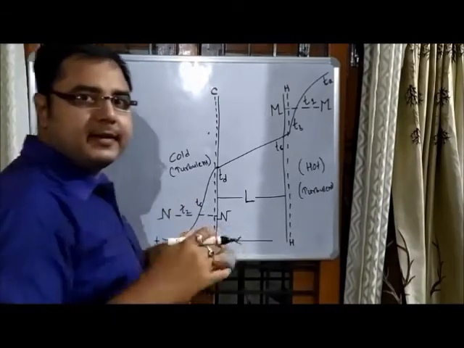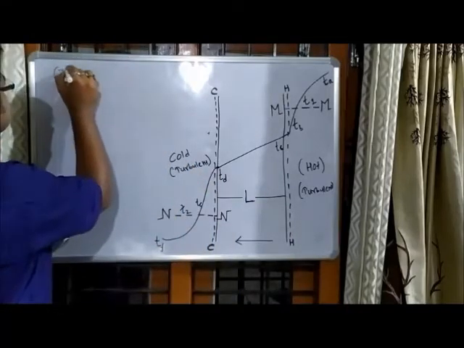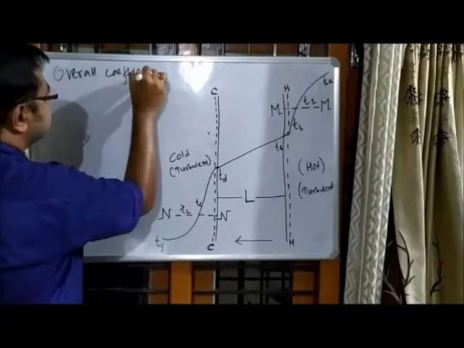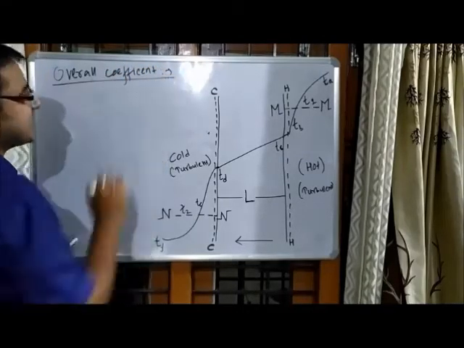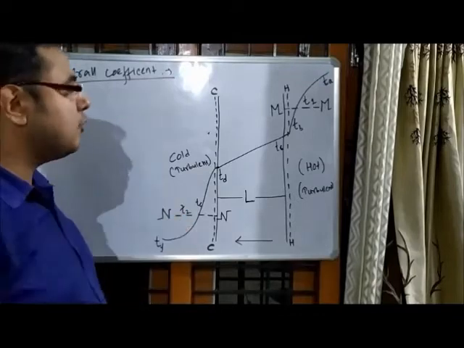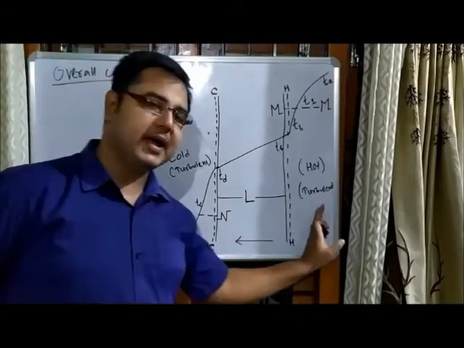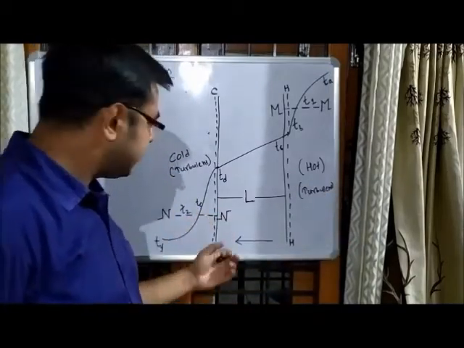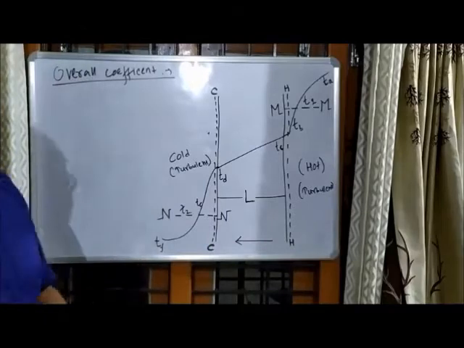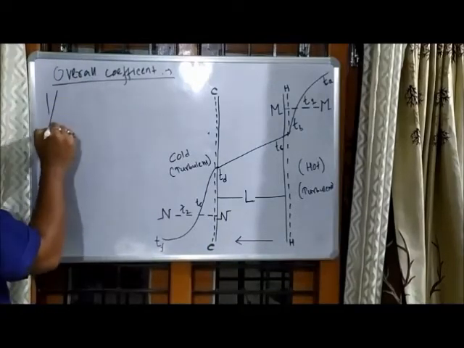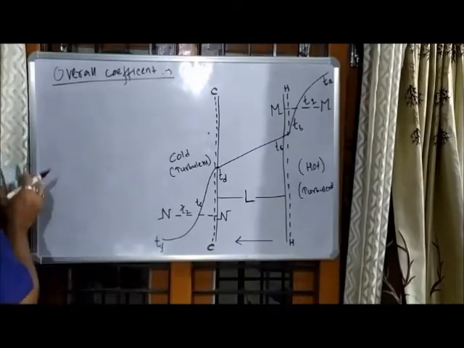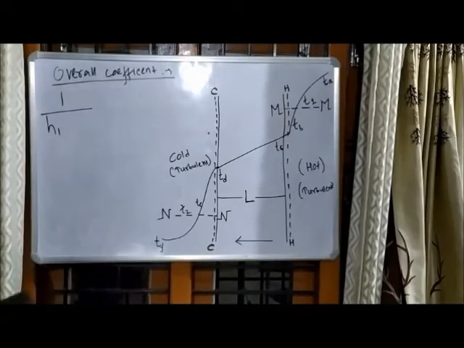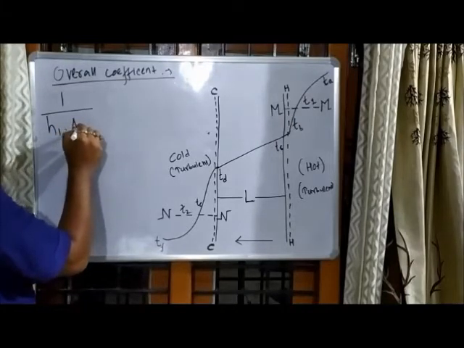Now the next term is the overall coefficient. The overall coefficient means the summation. So here there will be three film coefficients. One we have already found, that is H1, here it is H2, and here we will have one more. So for the overall coefficient, the first term I am writing is 1 by H1 into A1.